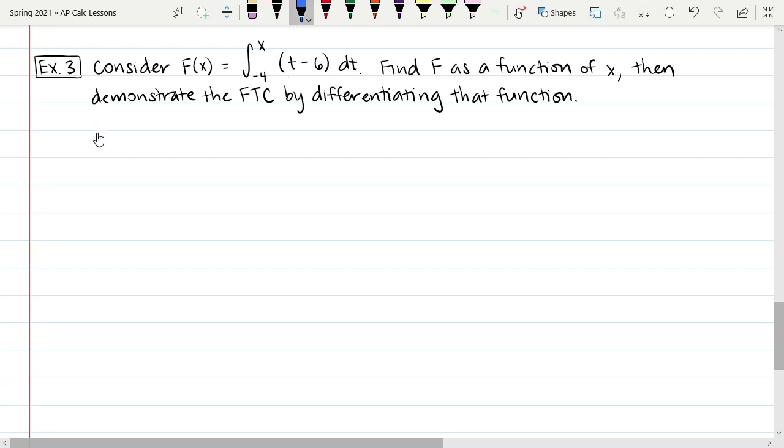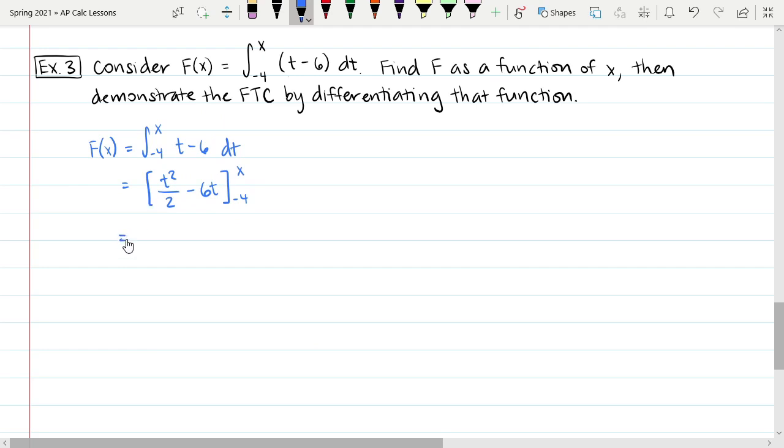So again, we're going to go ahead and find big F of x. That's the integral from -4 to x of t minus 6 dt. So remember, we're going to integrate first. The antiderivative of t is going to be t squared over 2, and then minus 6t, from -4 to x.